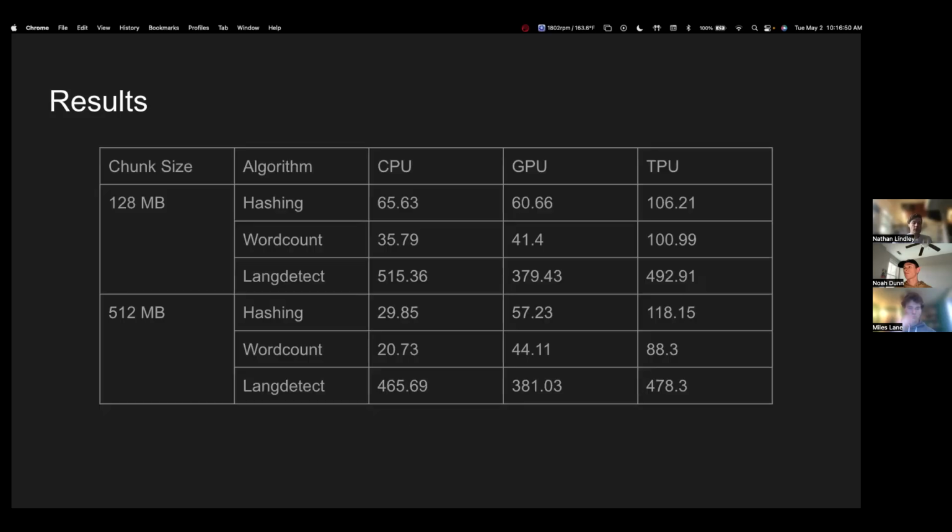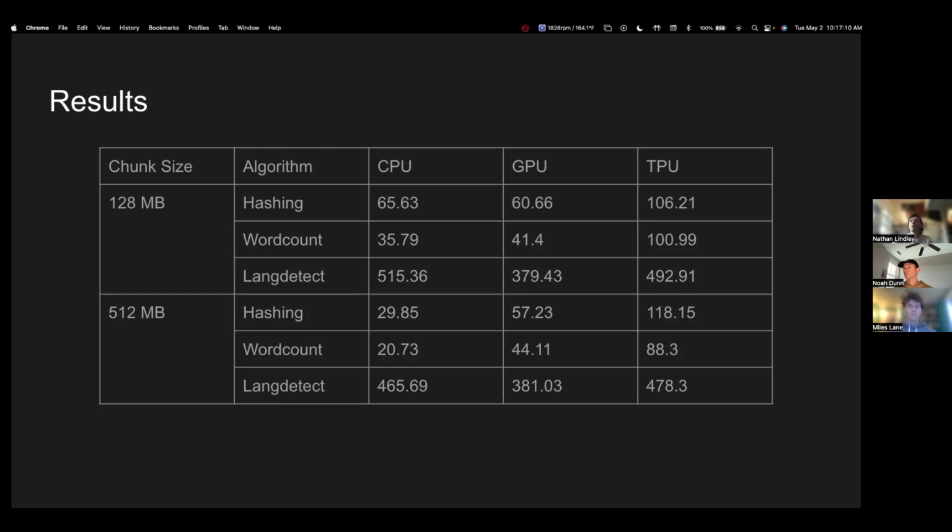And then here on the table, these are the runtimes in seconds for the algorithms and architectures that we used. These are done on a portion of the data set, as we mentioned earlier, just because running the full data set would have been really expensive and probably taken overnight.